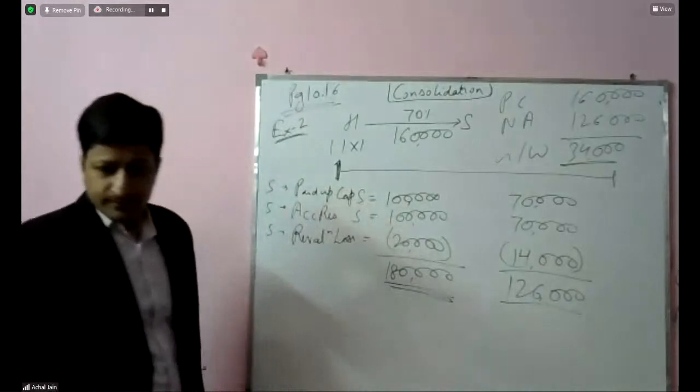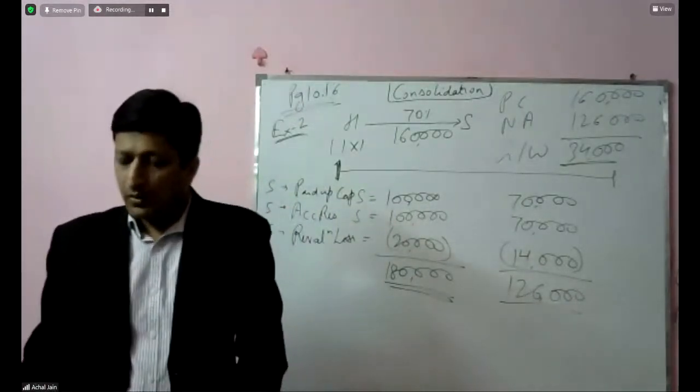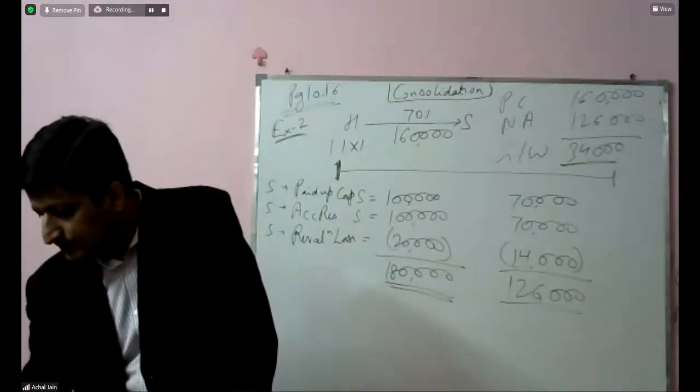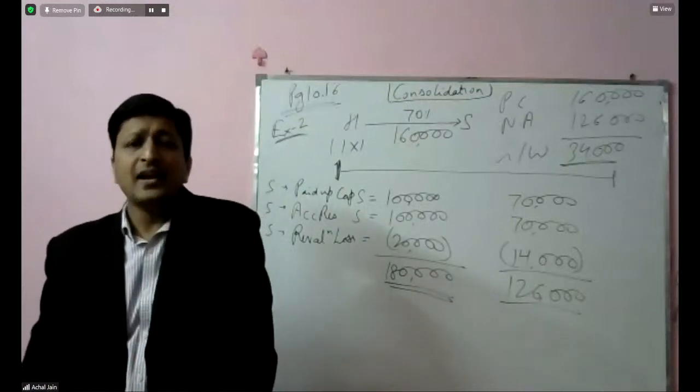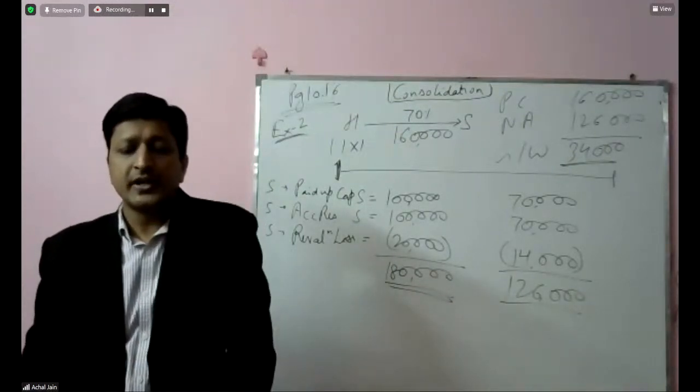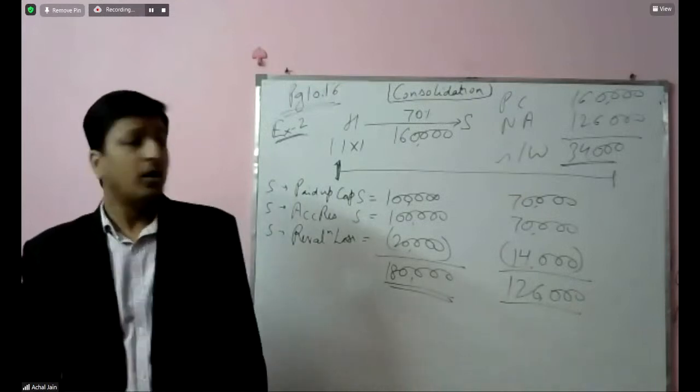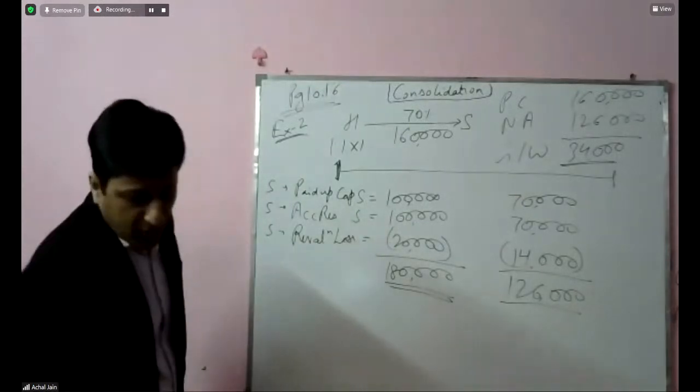Example number 2. A Limited acquired 70% interest in B Limited on 1st of January X1.